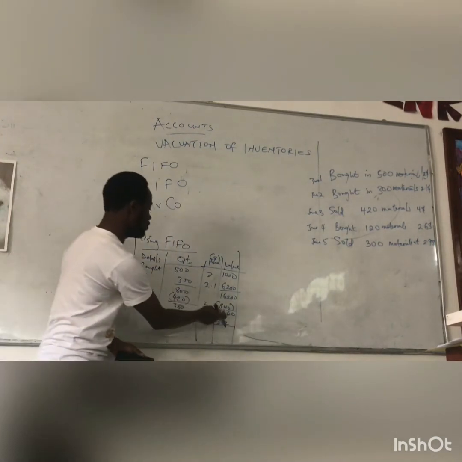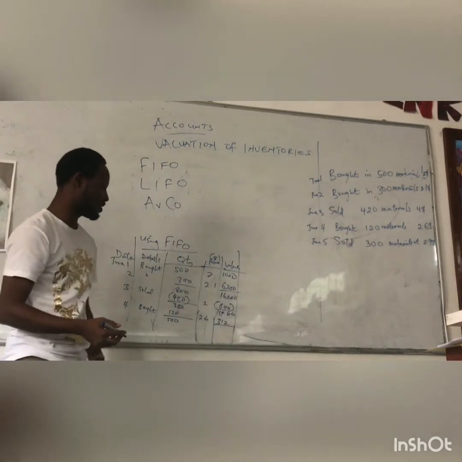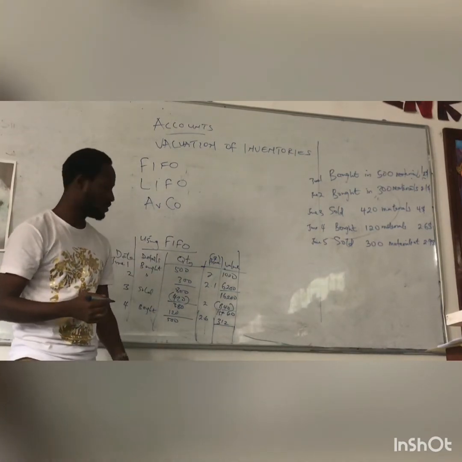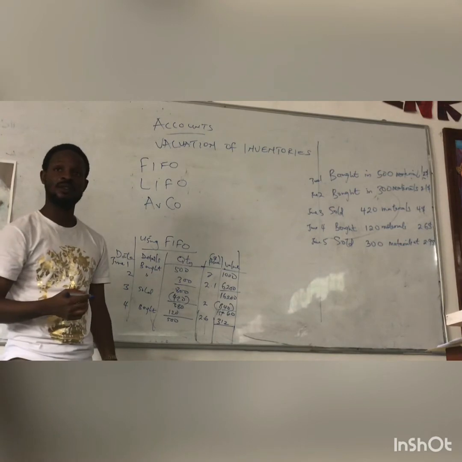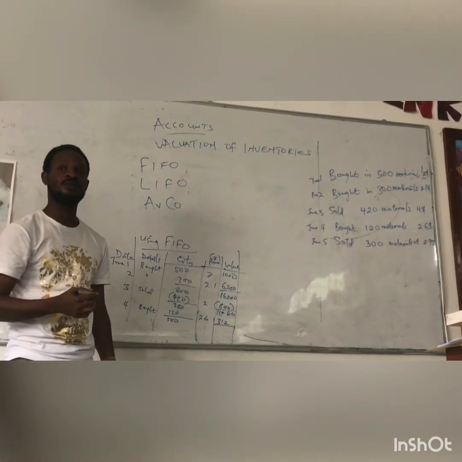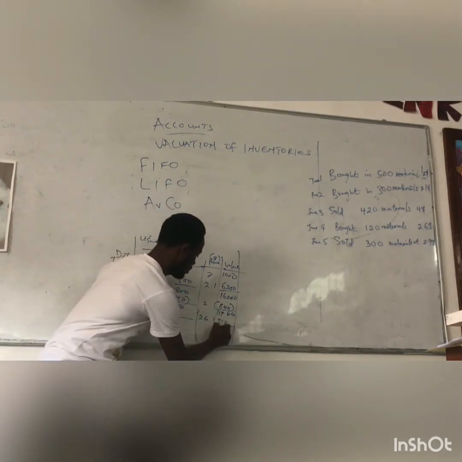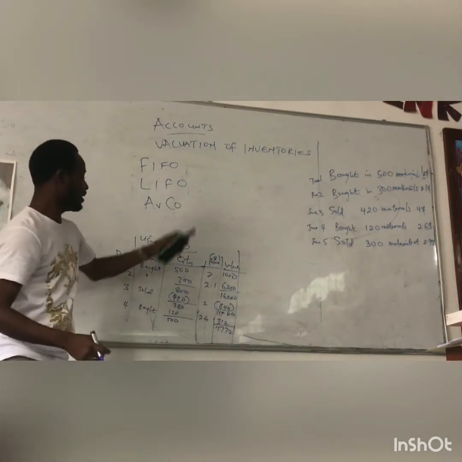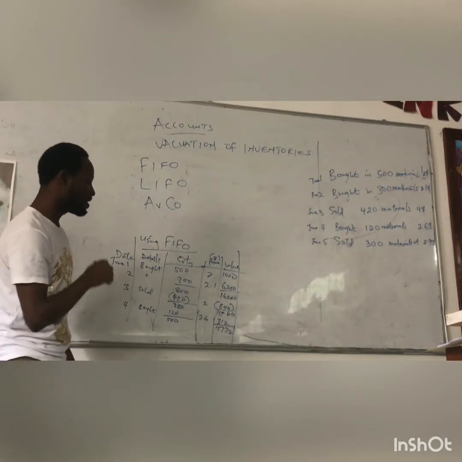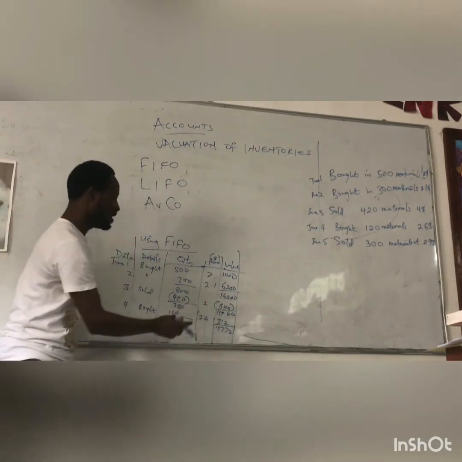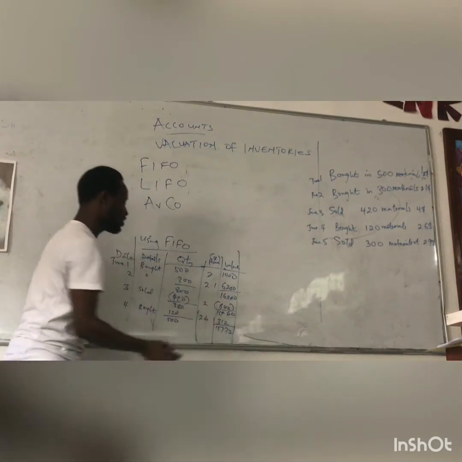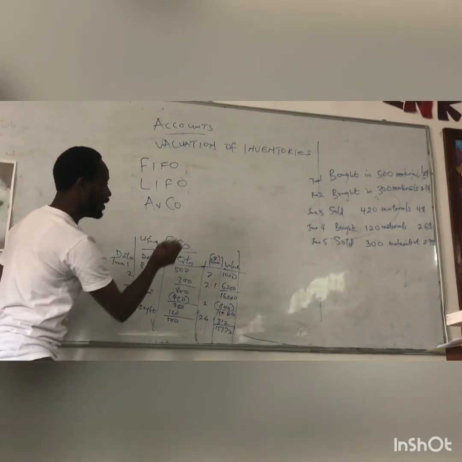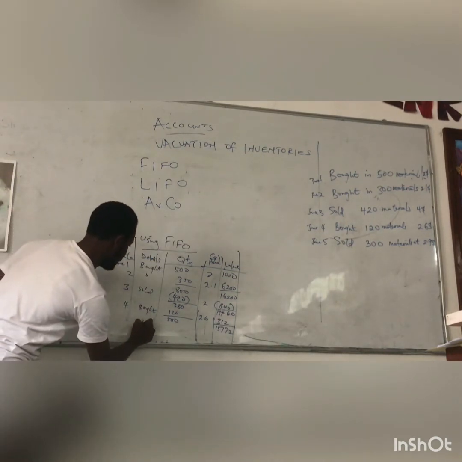So 312 plus 15,460 is 15,772. So at this date, the value of inventories left was $15,772.